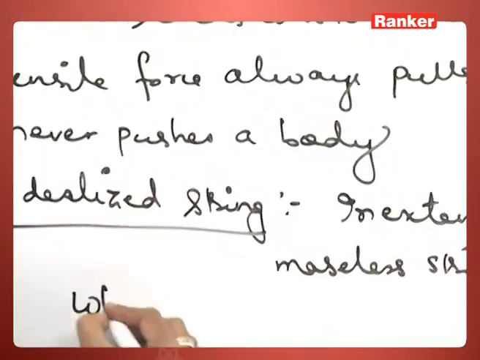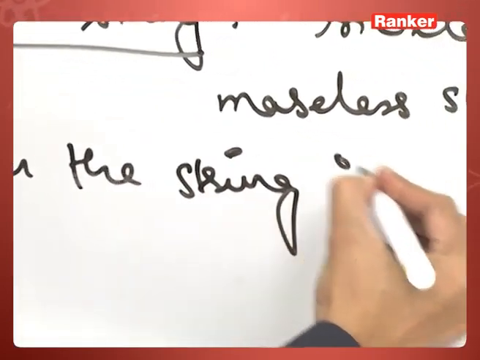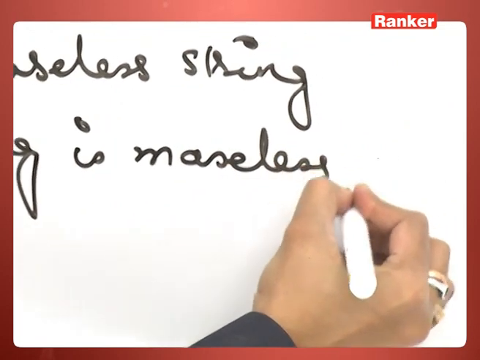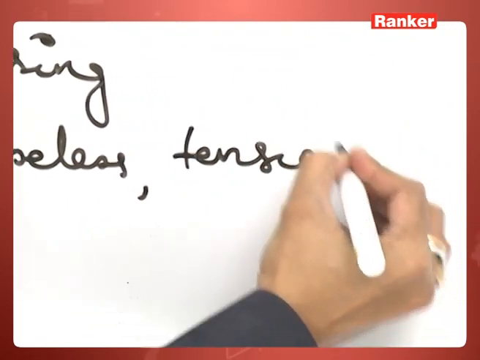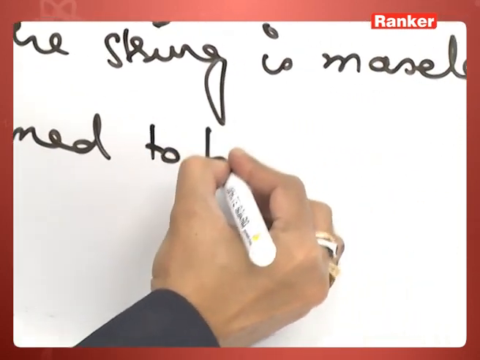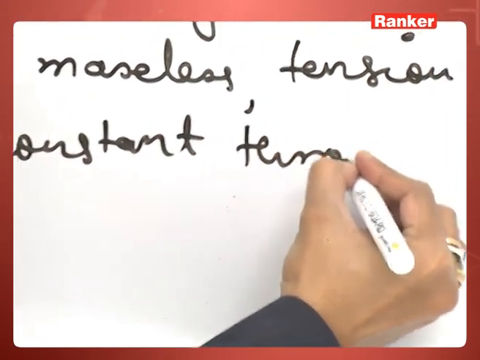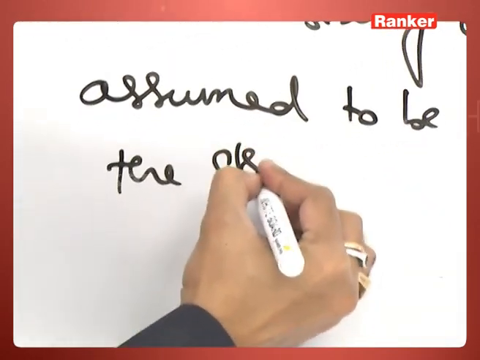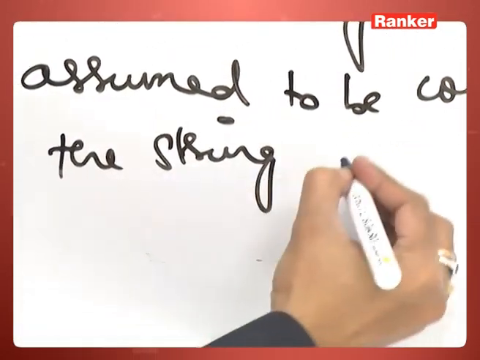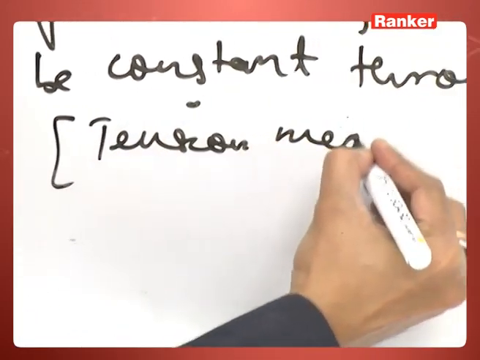Now, when this string is massless, tension is assumed to be constant throughout the string. Here tension means tensile force.